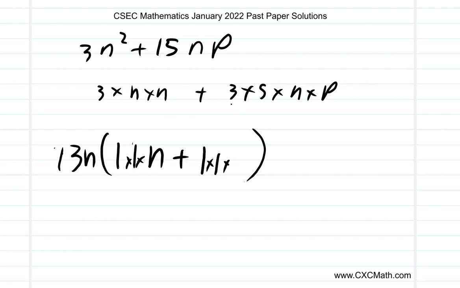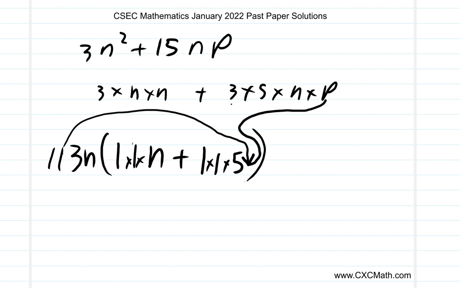Each item is multiplied by something. It's 1 times this will give a 5. So it's going to be 5. 1 times this here will give you p. What should go there is p. Alright.